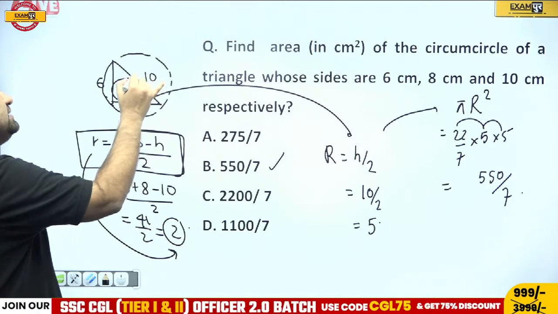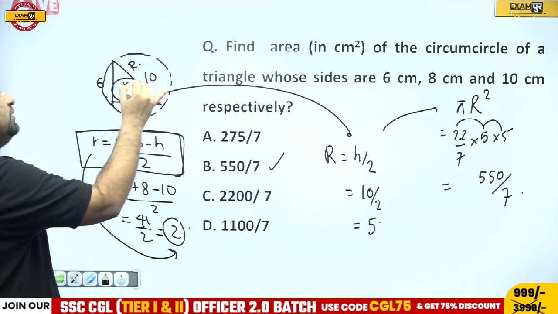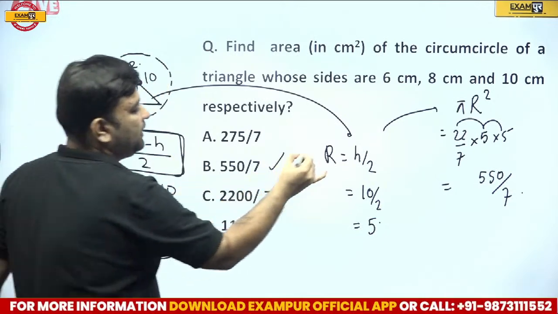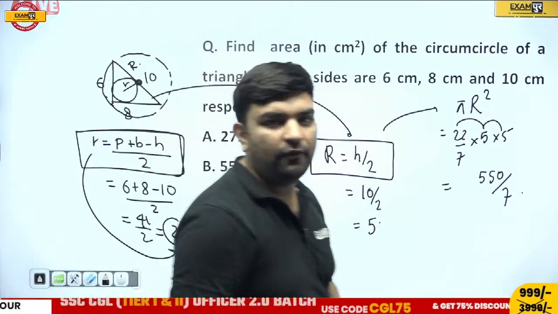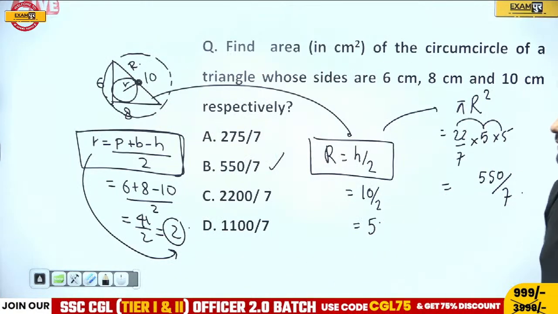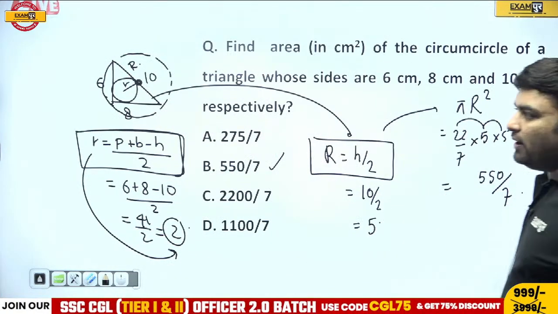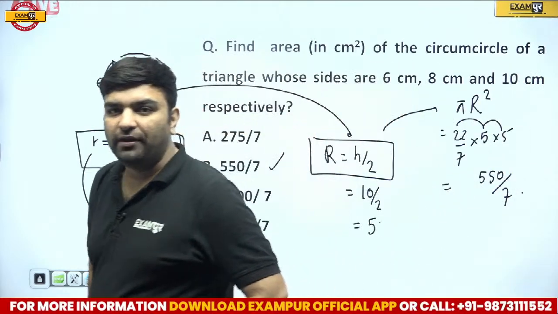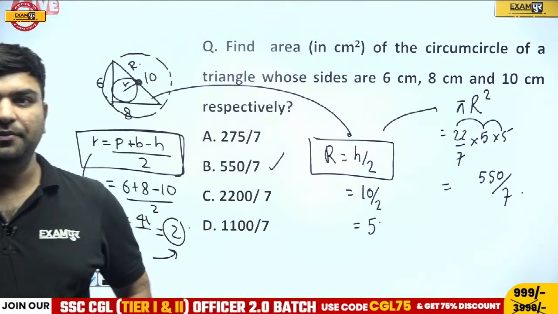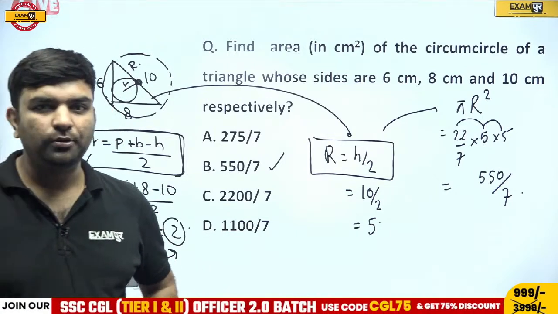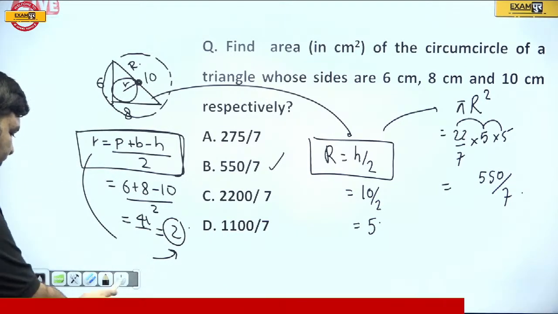It should be remembered while sleeping as well. If you draw an incircle inside a right angle triangle, its in radius is P plus B minus H divided by 2 and its circumradius is hypotenuse divided by 2. Let's move on.